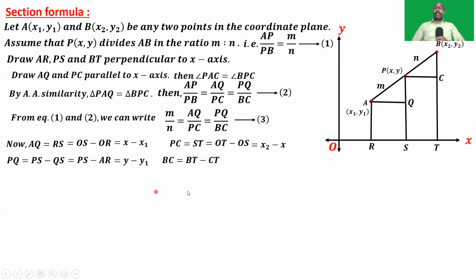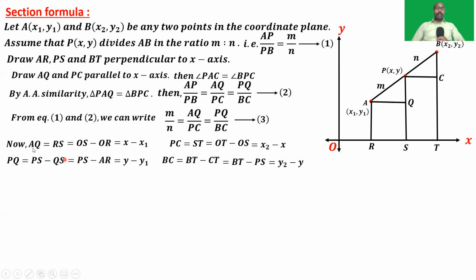Similarly, BC is equal to BT minus CT, and CT is equal to PS, and BT is equal to y2, PS is equal to y. So BC is y2 minus y.